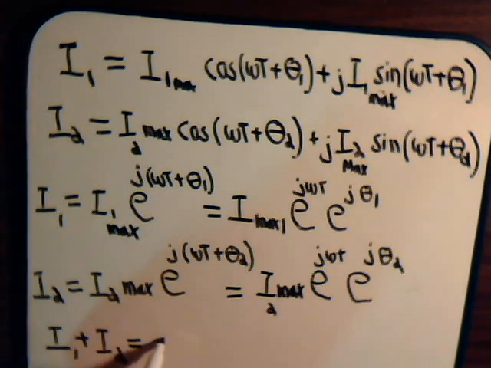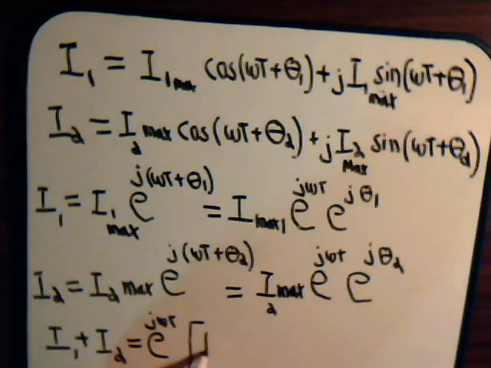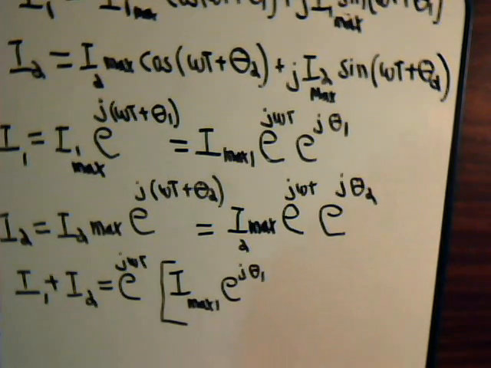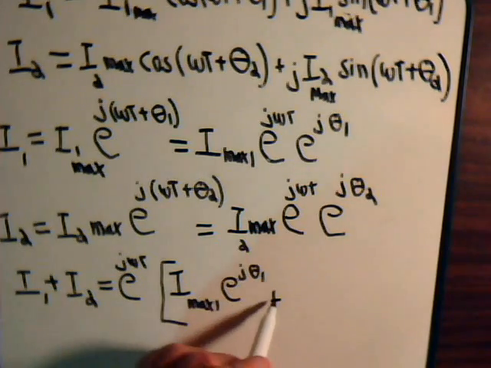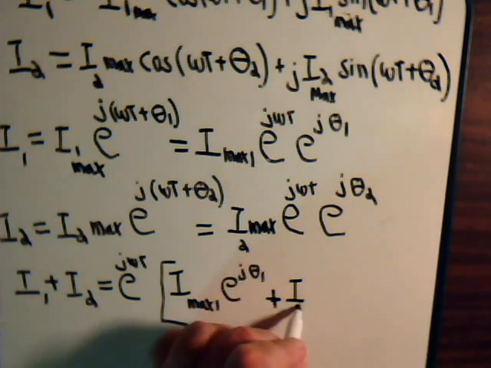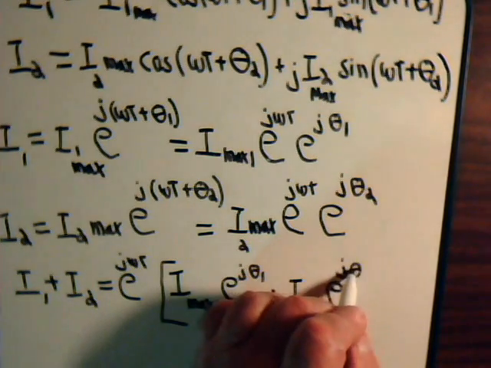So that will equal, we can factor this out, e to the j omega t times I max 1 times e to the j theta 1, plus, from here we have I2 max e to the j theta 2.